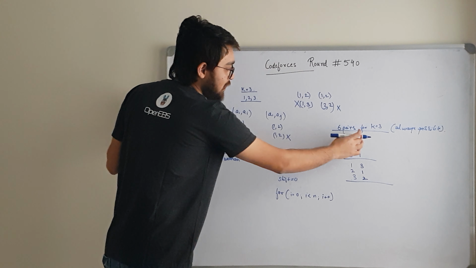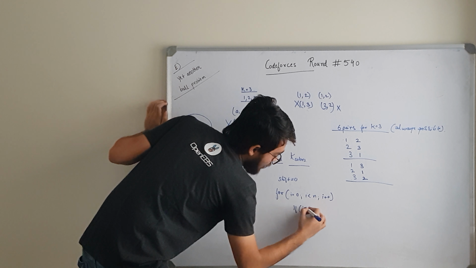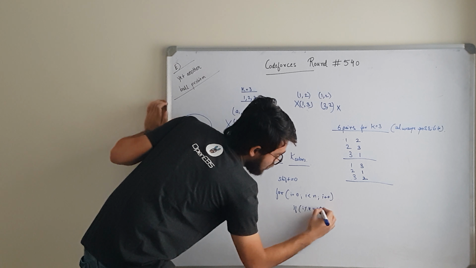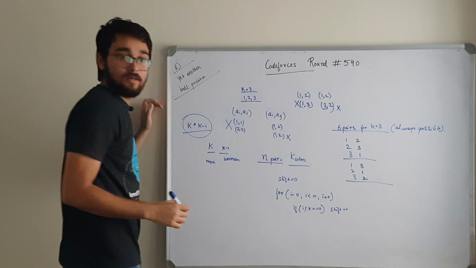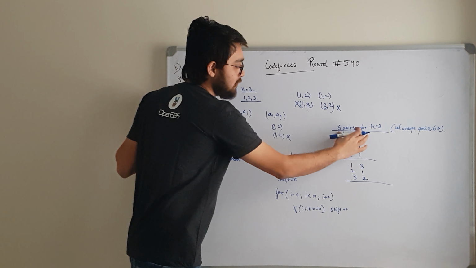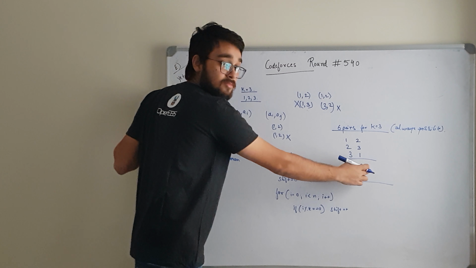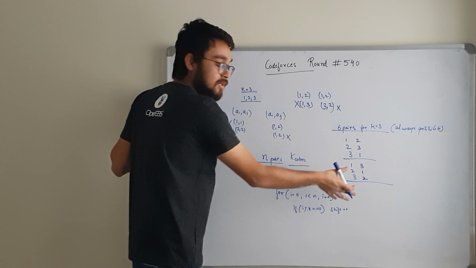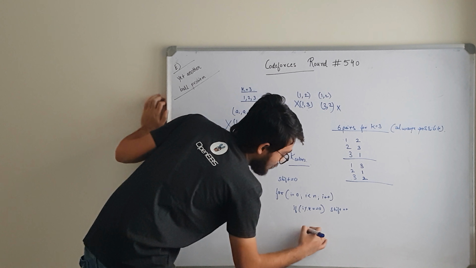Whenever you hit a modulo, if i modulo k equals 0, you increment the shift. So the first time you hit this 0th position, your shift becomes 1. The next time the shift becomes 2. Like this, you need to increment that shift. And what will you print?